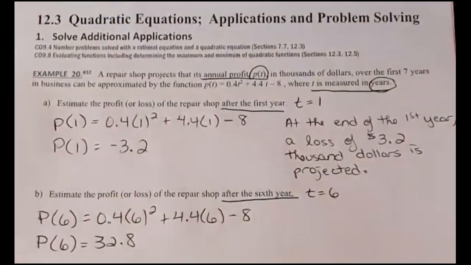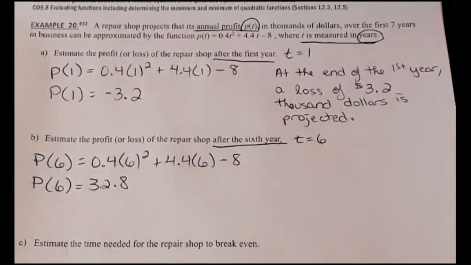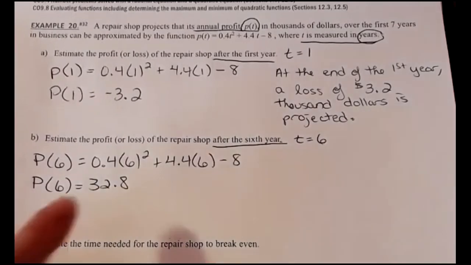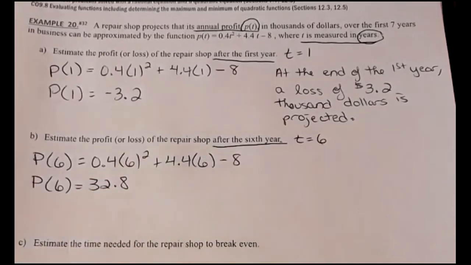That is fantastic news. Essentially what this is saying is that after year 1, they can expect a loss, right? Because they're a new business. They probably have a lot of expenses initially. And then what's happening over time is they're building their base, right? They're working with more and more people and they're able to actually profit. So notice here that the projected profit is $32.8 thousand.